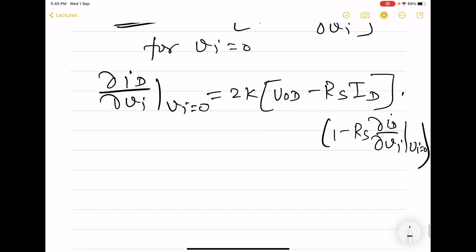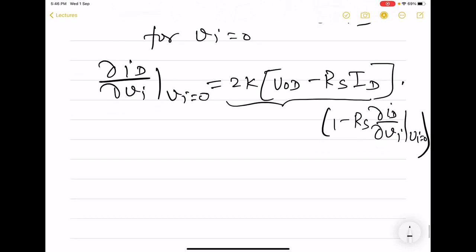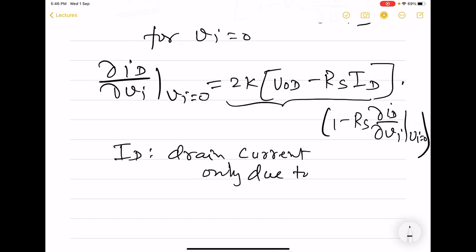So here, this is an important term. And why have I used capital ID? This capital ID is the drain current only due to the DC gate voltage, that is VB. So this is a DC drain current, you can say the bias drain current that exists.